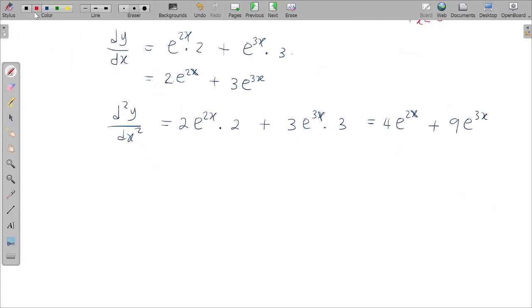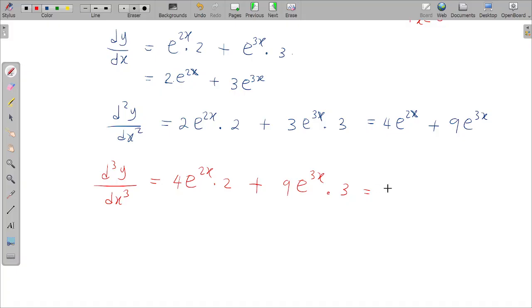Let's go to this third one, d³y over dx³. Again, of course, you should have known the pattern by now. But let's just write it again. Multiply by 3.